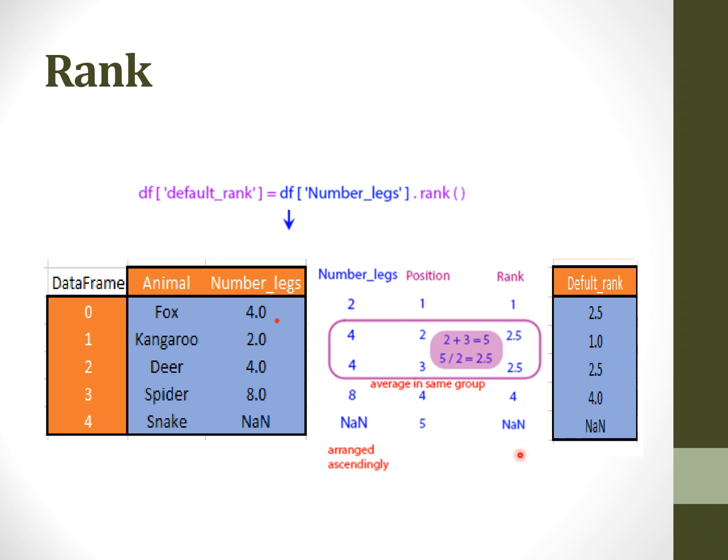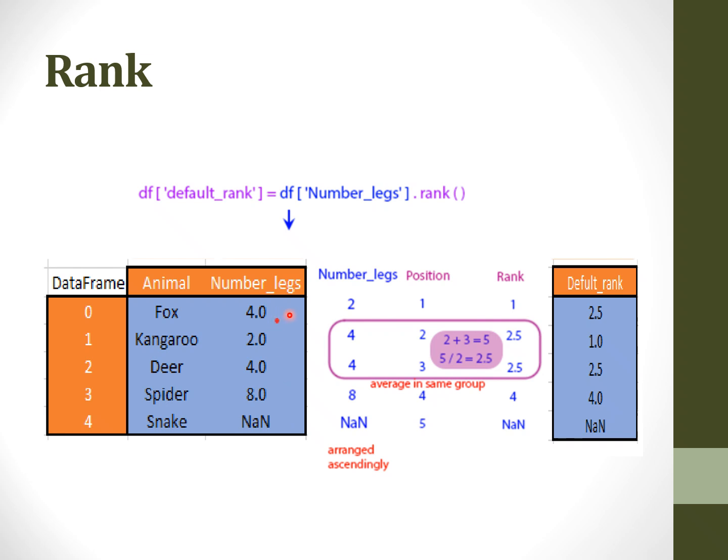Now we need to find out the default rank. All these steps we have done as a process to find the default rank. Originally, fox number of legs is 4, kangaroo 2, deer 4, spider 8, and snake 8. The rank values are once again arranged back based on the number of legs.